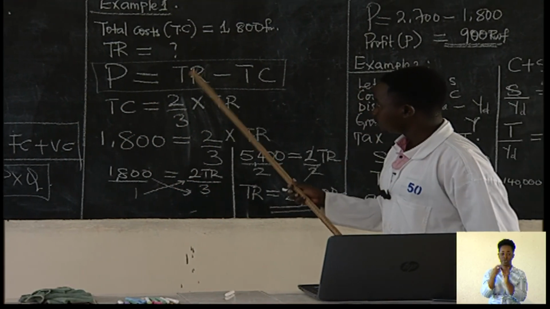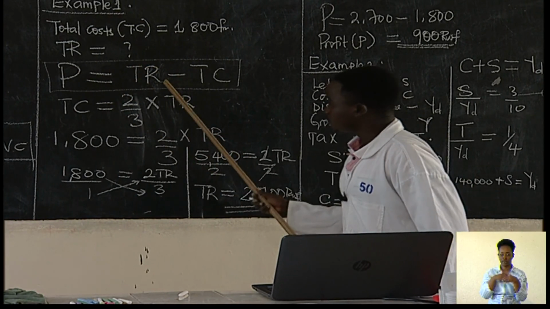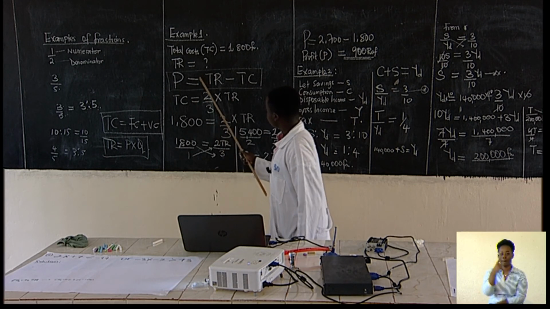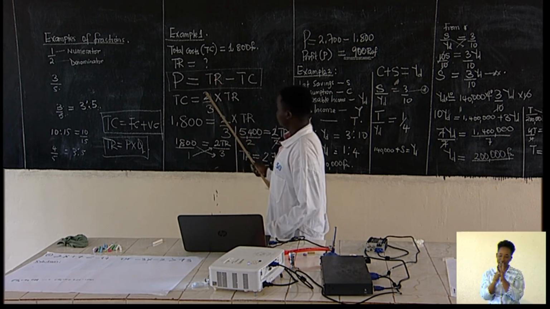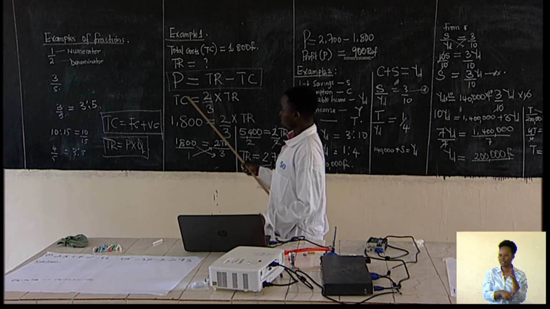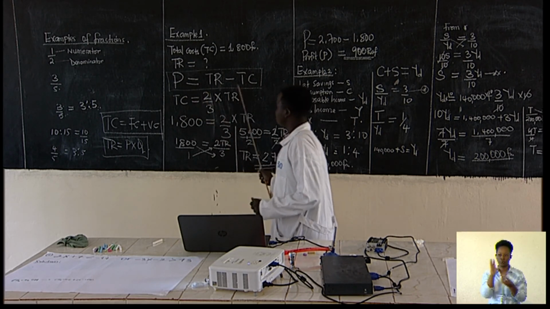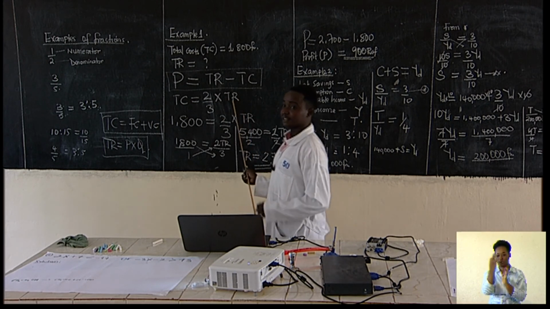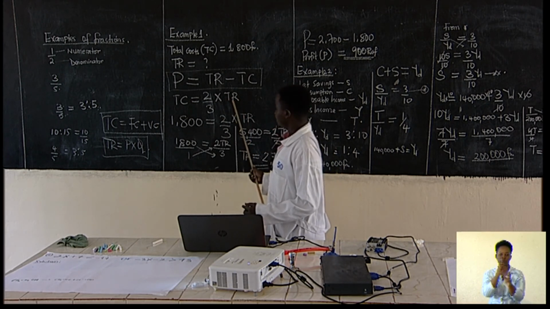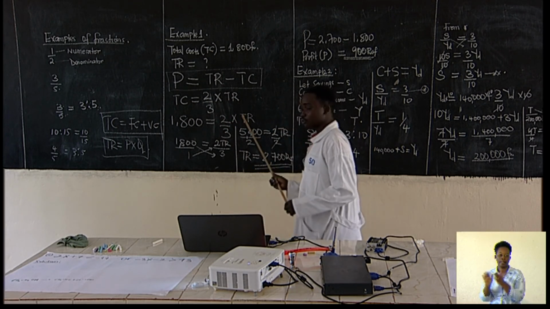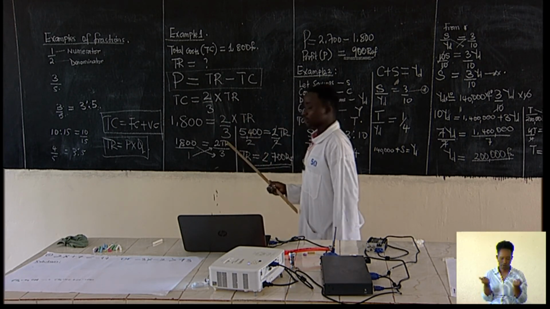So you have to relate your equations very well. The way we did it, you generate this equation because that question is related to example 1. After generating it, find out what you have been given, as we did in example 1, where they had told us that total cost is 2/3 of total revenue. Then we substituted into this and were able to solve for total revenue.